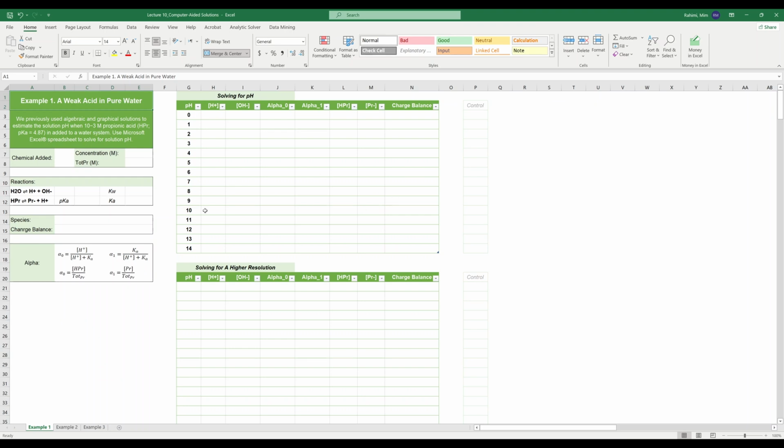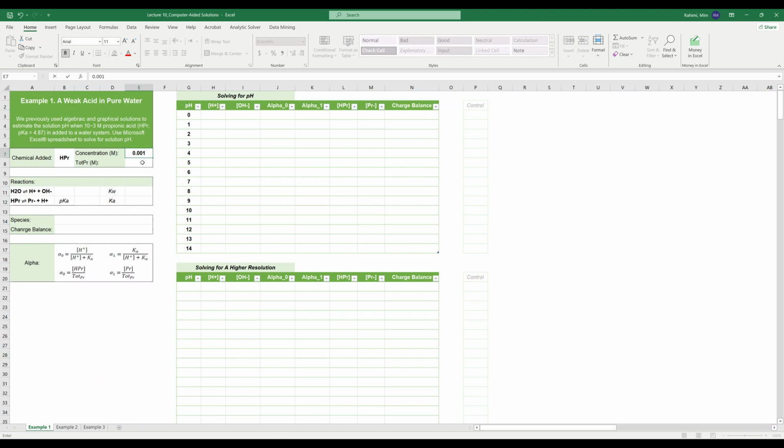So I designed this spreadsheet that you can use for your homework or for your future applications. So basically, here we need to enter the chemical that is added to pure water, in this case HPR. And then the total concentration was 10 to the minus 3.